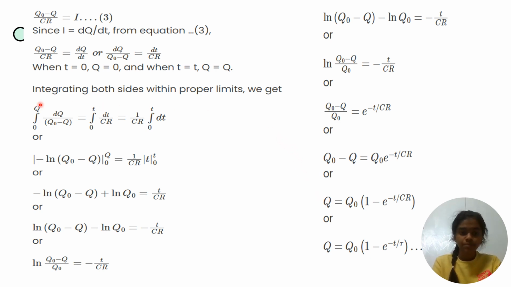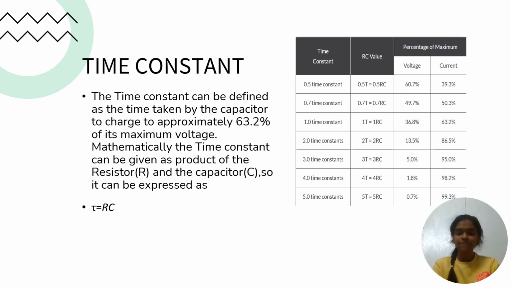Now from this, when t equals 0, Q equals 0, and when t equals t, Q equals Q. Integrating on both sides, we get this expression. The final expression is Q equals Q naught into 1 minus e power minus t by tau. What is tau? Tau is basically the time constant. The time constant can be defined as the time taken by the capacitor to charge to approximately 63.2% of the maximum voltage.